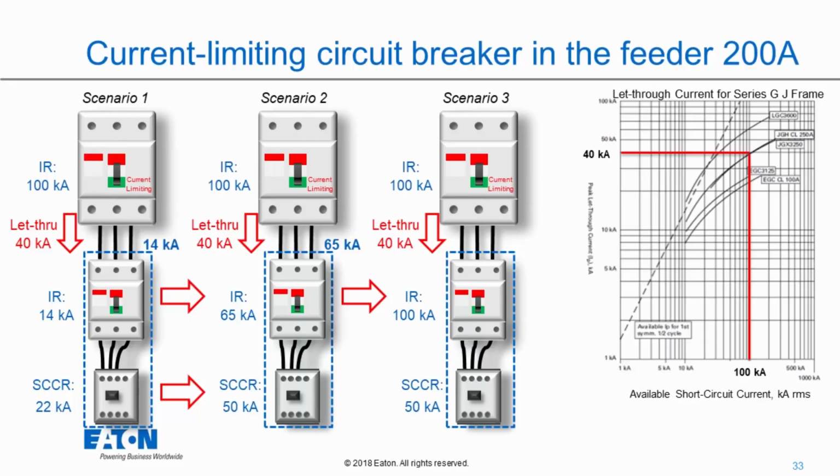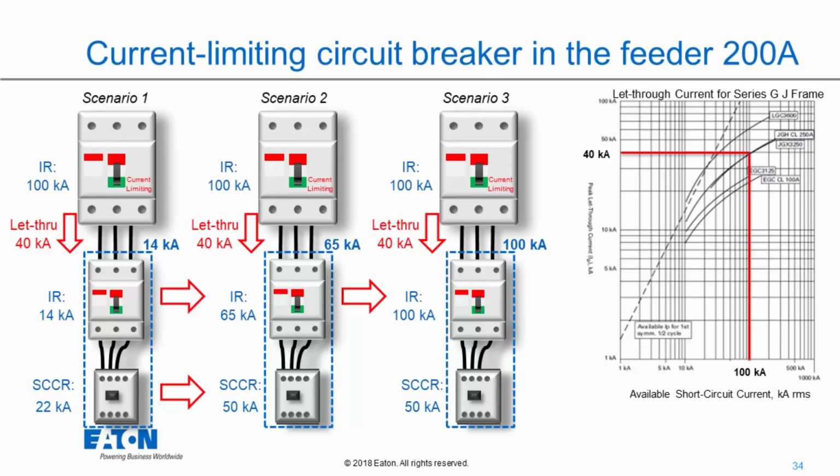This is a very, very important example because it shows how, using that let-through, I'm able to increase the short circuit current rating of that contactor, but I'm not able to increase the interrupting rating of the breaker. So if I wanted to get this up all the way to 100 kA, I would have to have a 100 kA interrupting rating device in my branch.